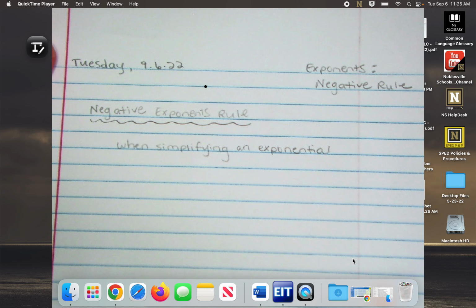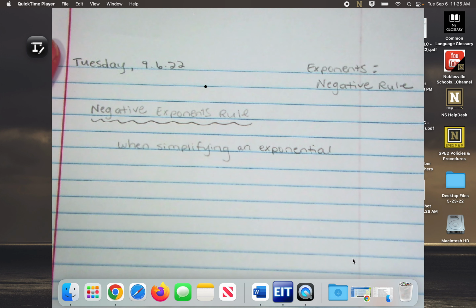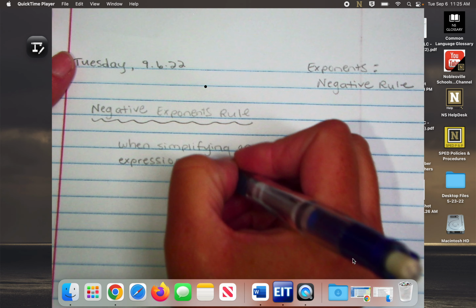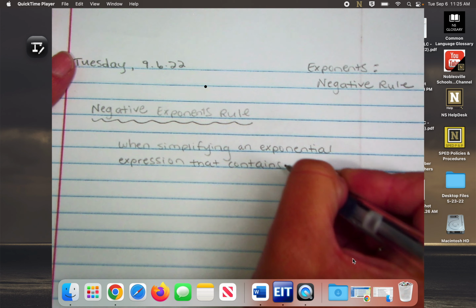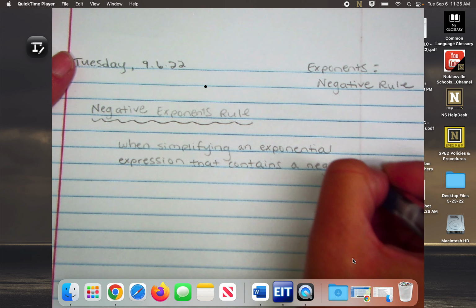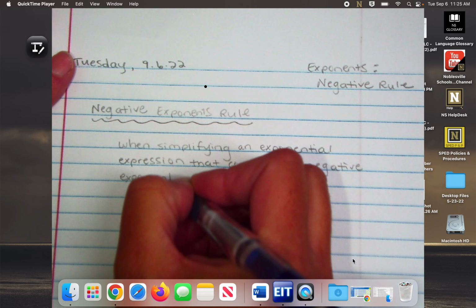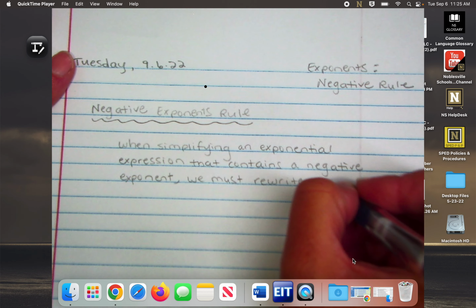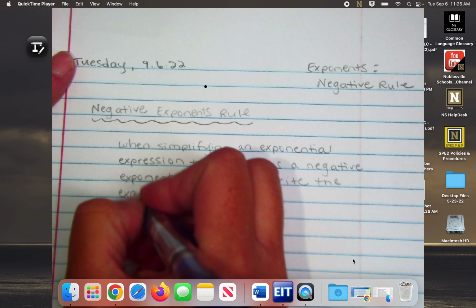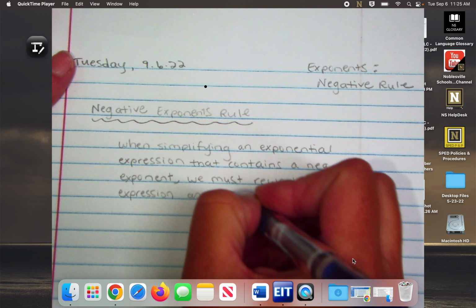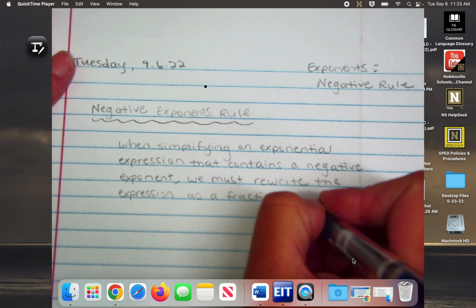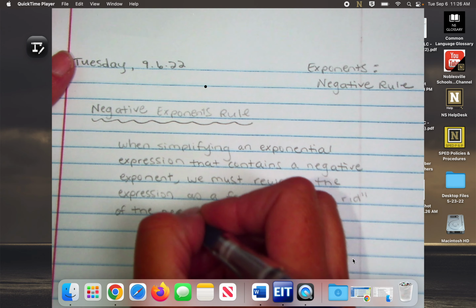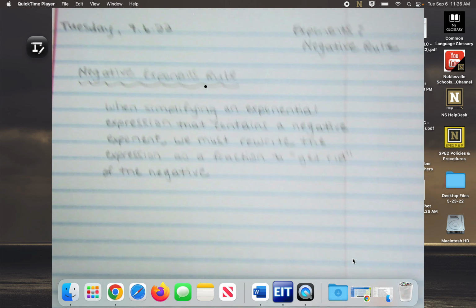When simplifying an exponential expression that contains a negative exponent, this rule is kind of long, but it'll make sense once we start applying it.